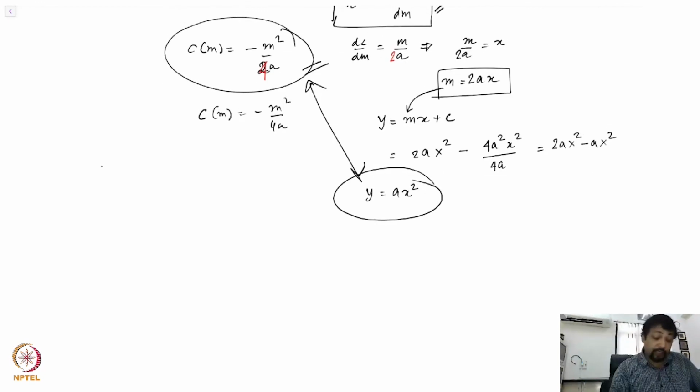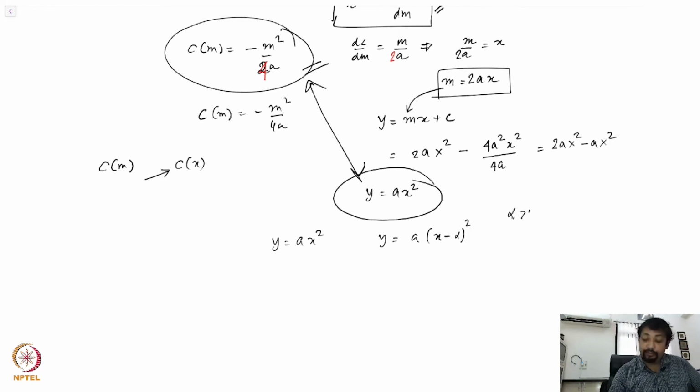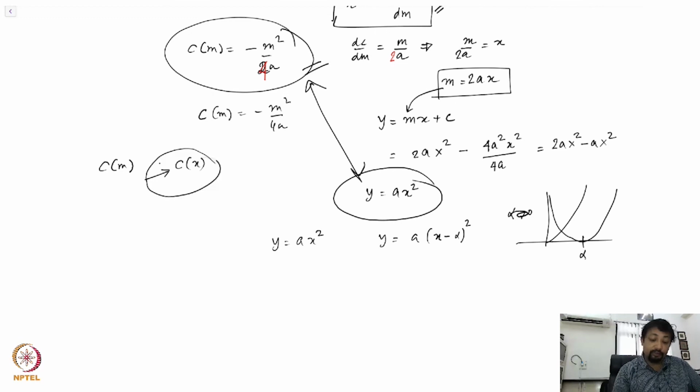You could have argued that, look, I have specified c as a function of m. Why not specify c as a function of x? See, this will not encode the same function, because y is equal to ax squared and y is equal to a times x minus alpha whole squared, where alpha is a shift essentially, will have the same value of c of x.